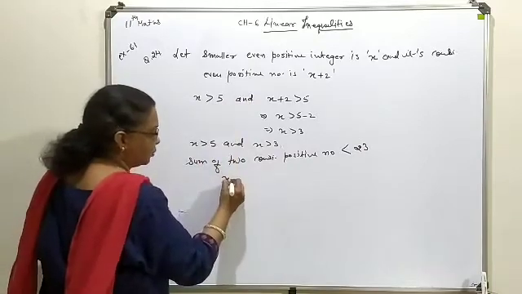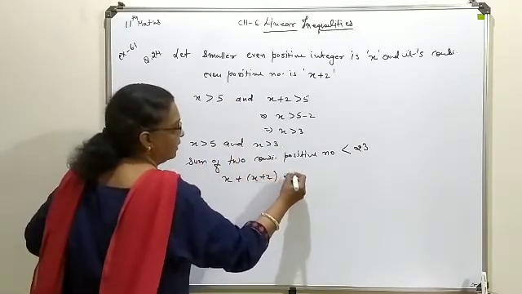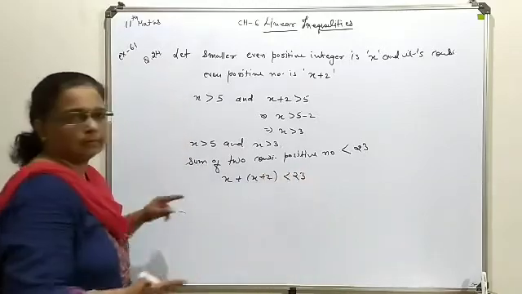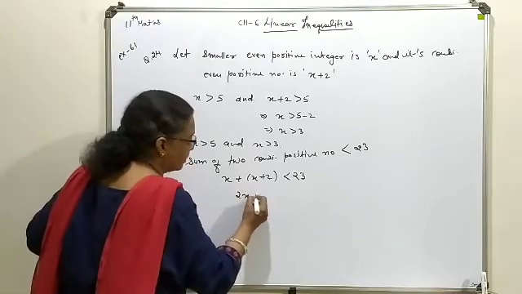Let's substitute these two positive numbers x and x plus 2 over here, and these are less than 23. It is to be sorted out, meaning it is 2x plus 2.